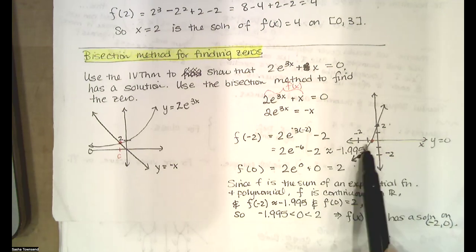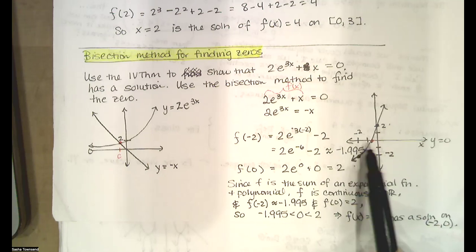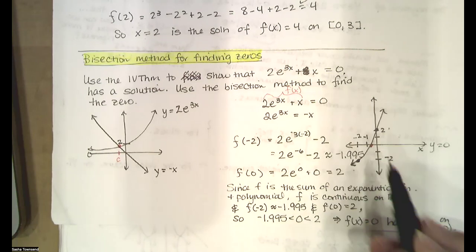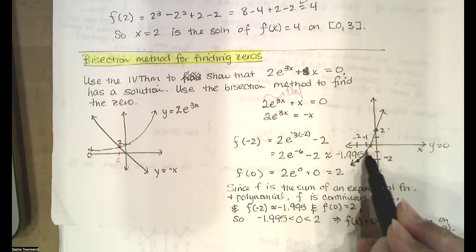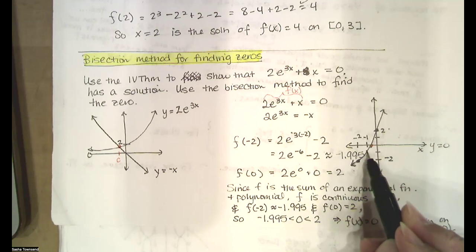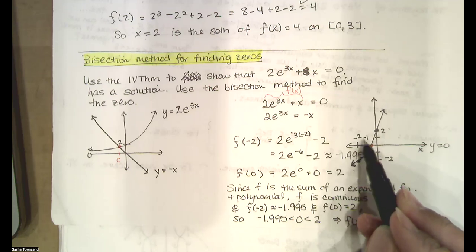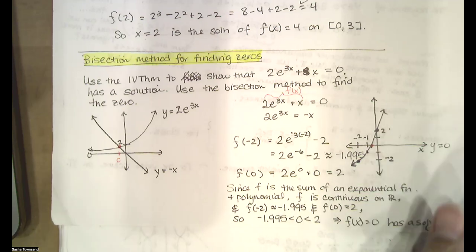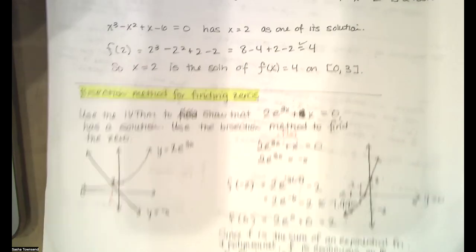We take this interval that's 2 units long and we split it in half and we say, okay, we know that there's a 0 somewhere in here. Let's see what happens at x equals negative 1. If the function value at negative 1 is positive, then we know that the 0 has to be on this side. If the function value at negative 1 is still negative, then we know that the 0 has to be on that side. And so we'll do that.